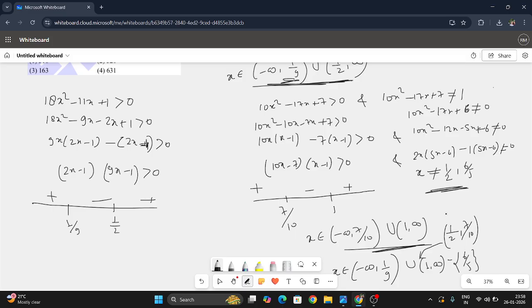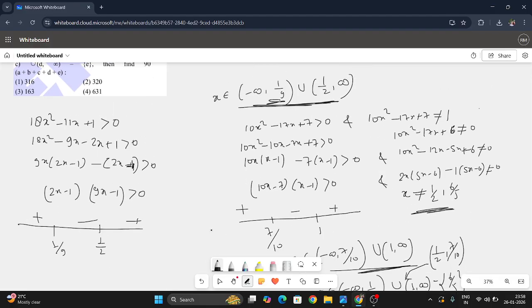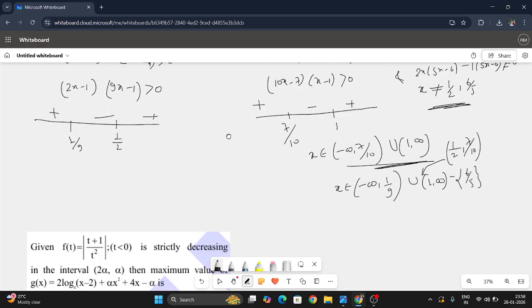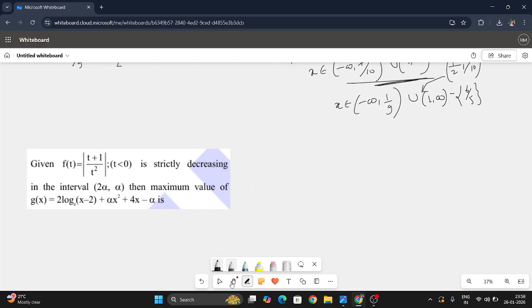Just make the number lines and write all these things. So a, b, c, d and e, and we have to add all these and then multiply by 90. So let's do that. A is what?